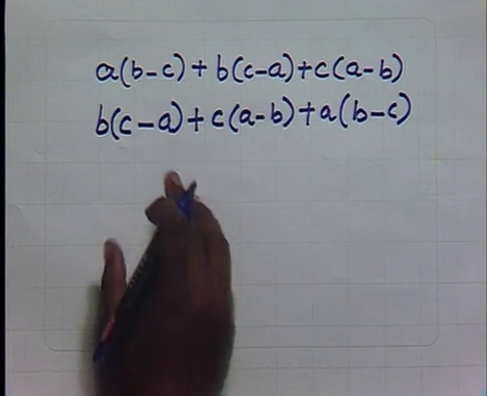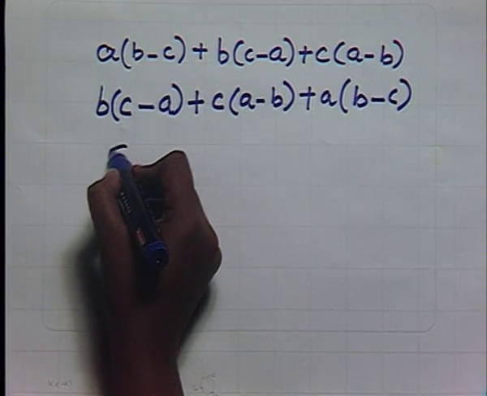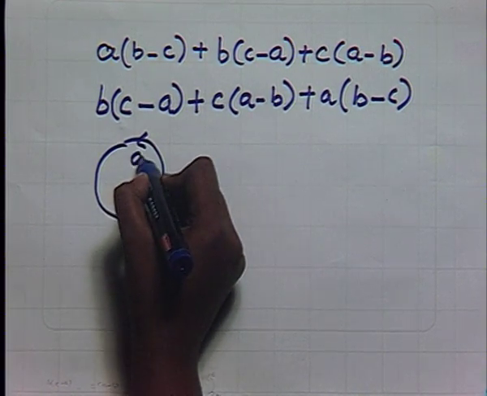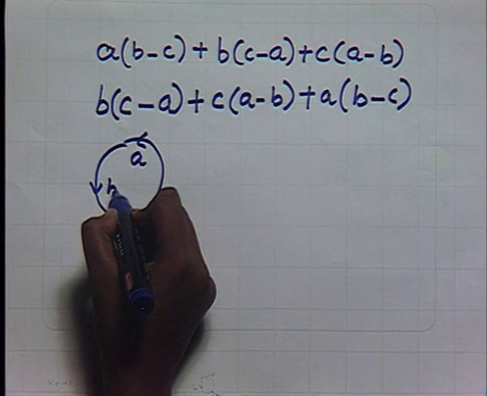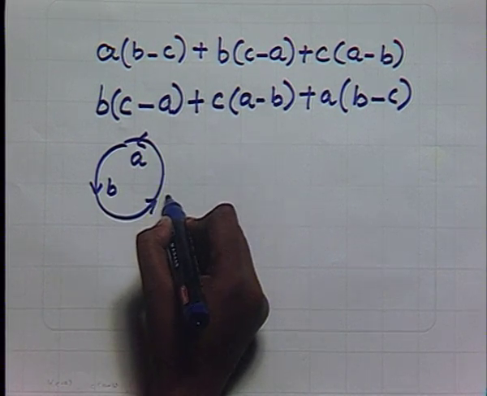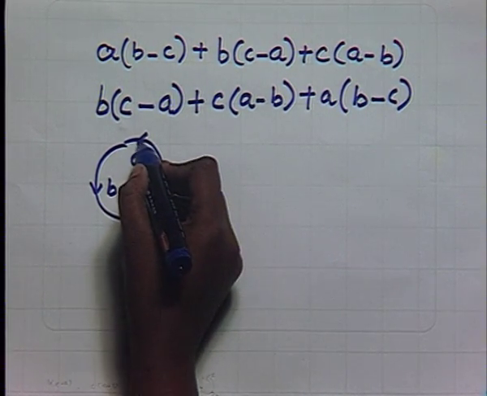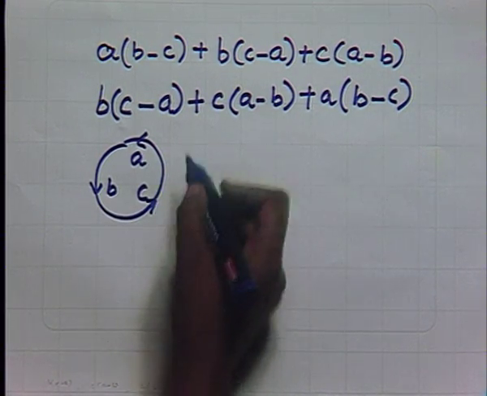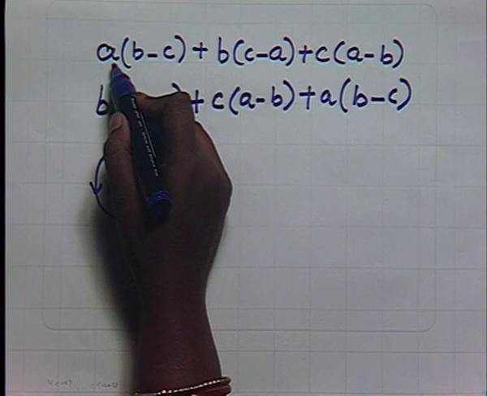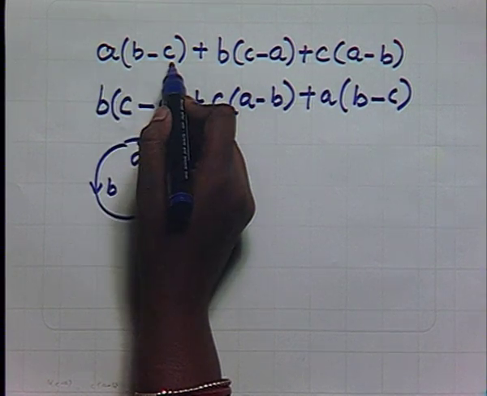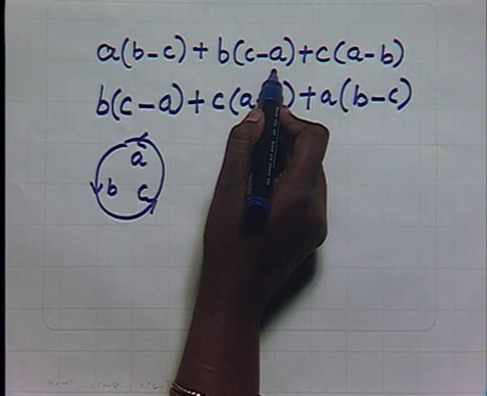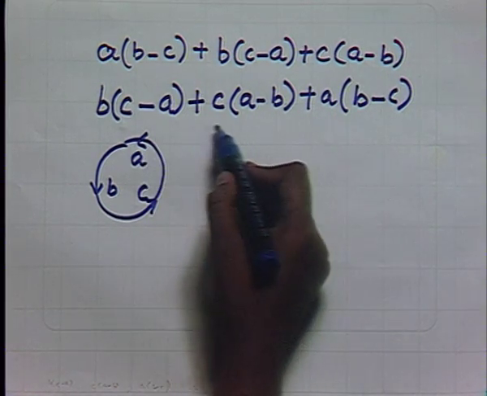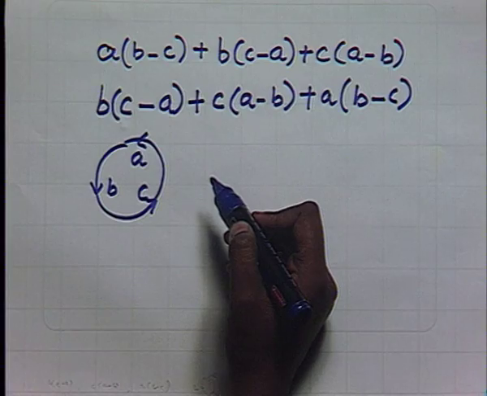In other words, if the letters a, b and c are moved in a circular fashion, then the terms a into b minus c, b into c minus a and c into a minus b also move in the same circular fashion.